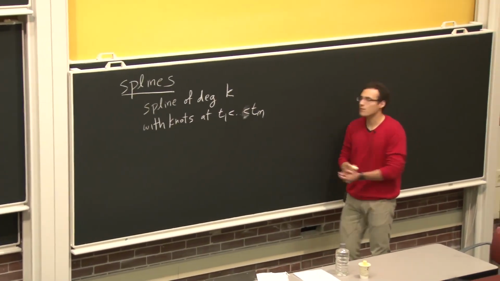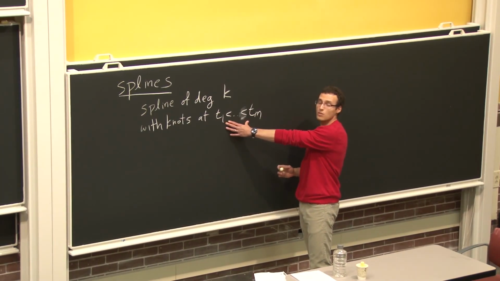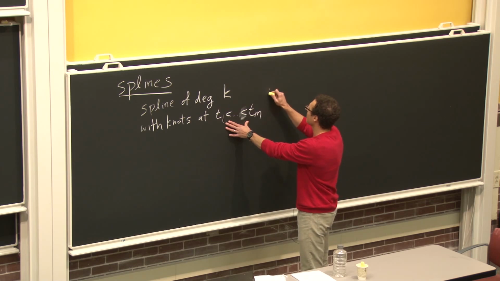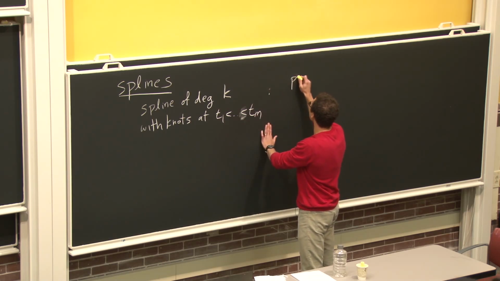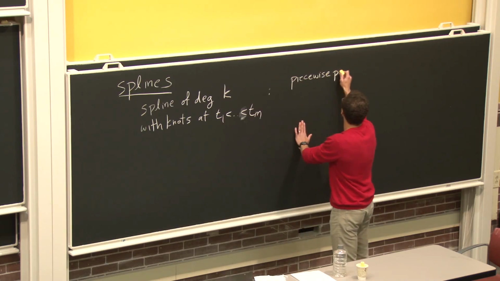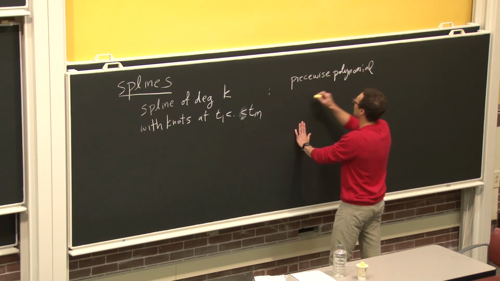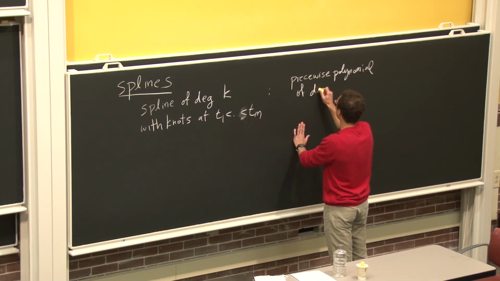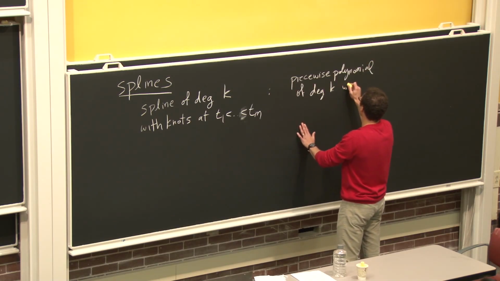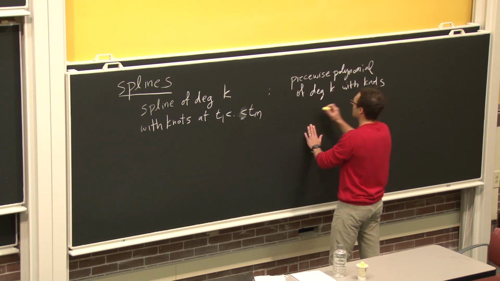Okay, so what is a spline of degree k with knots at some locations t1 through tm? These are just numbers. That is specifically a piecewise polynomial of degree k with knots at these locations.